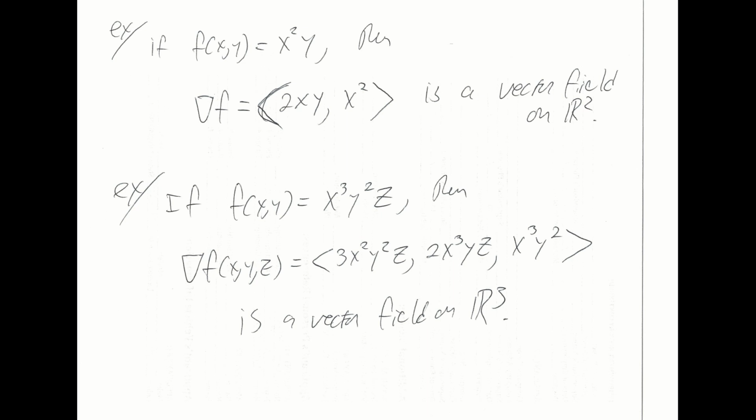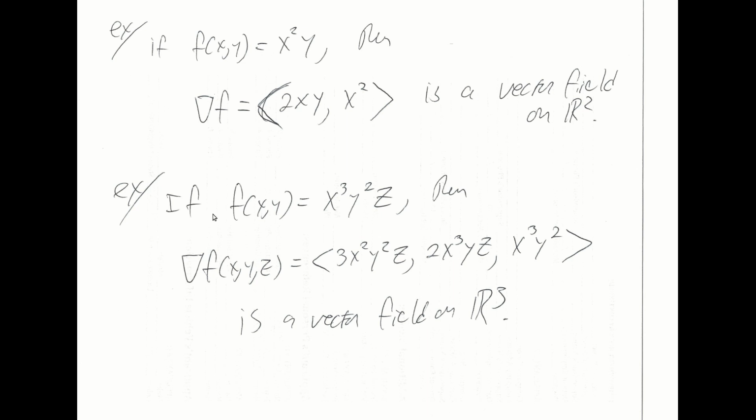So as an example, to remind ourselves of how gradients work, if I let little f be x squared y, that is a real valued function of 2 real variables, then the gradient is going to be a vector made up of the partial with respect to x as the first component and the partial with respect to y as the second component. And this is the vector field that I obtain as the gradient of little f. Likewise, if I, drat, so this should be a function of x, y, z.